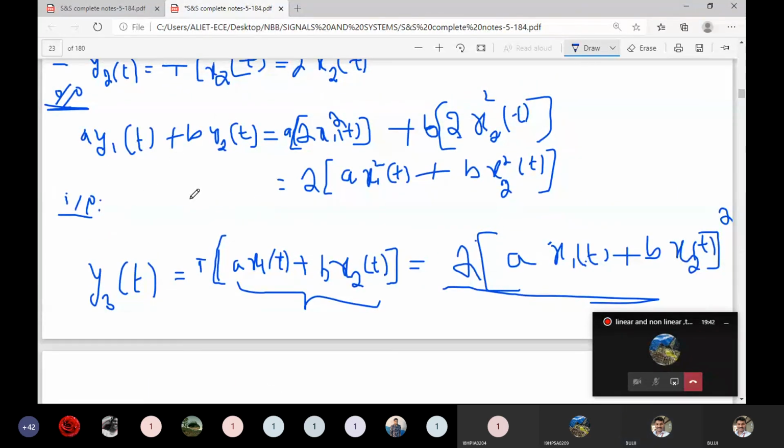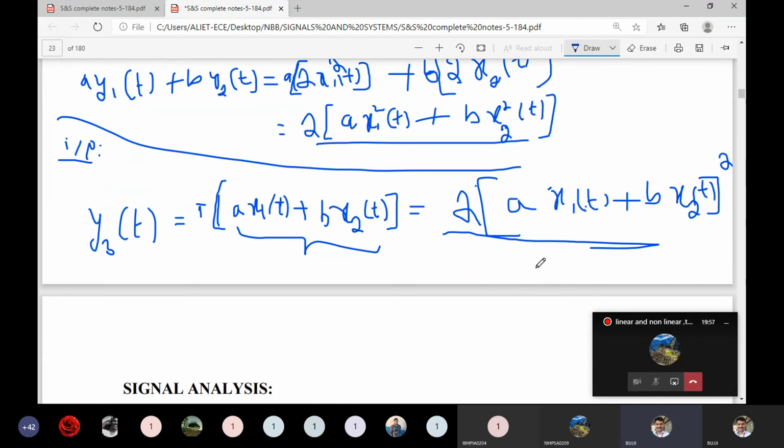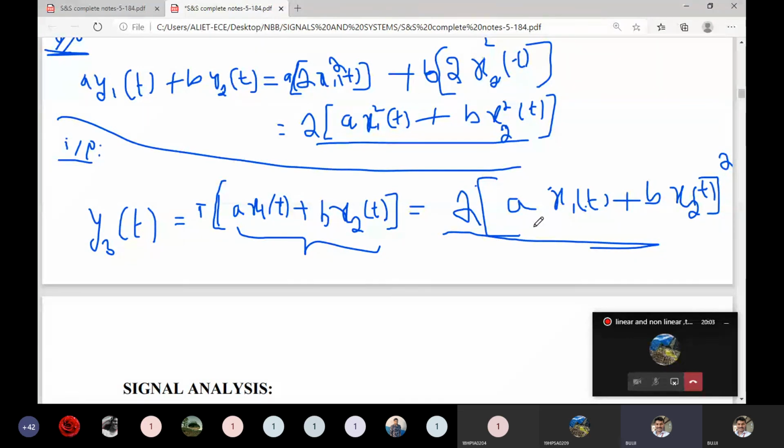But in the output case what we are getting is 2 times a into x1 square of t plus b into x2 square of t, whereas in the input case it is 2 times a into x1 of t plus b into x2 of t, whole square.